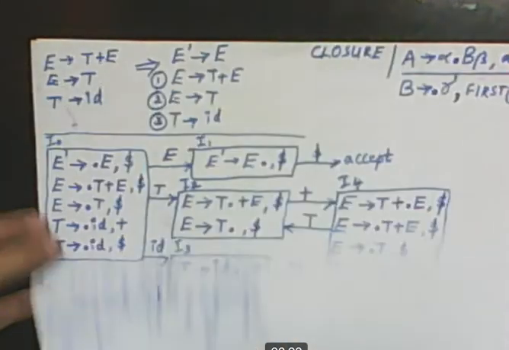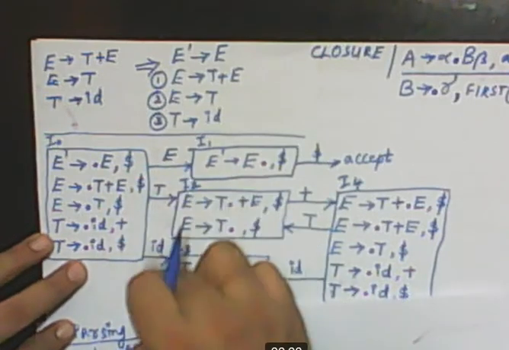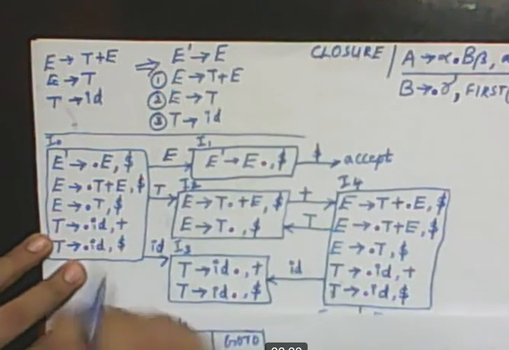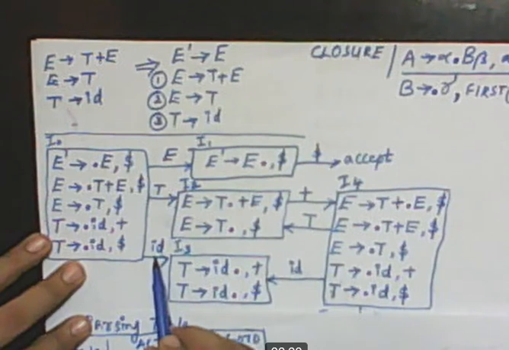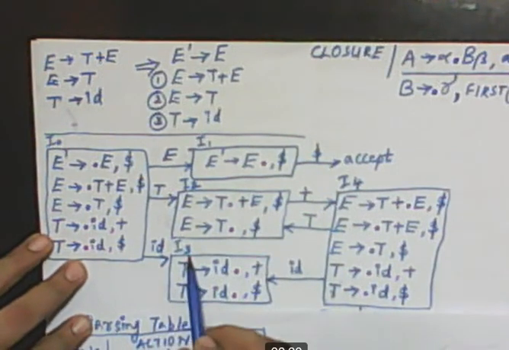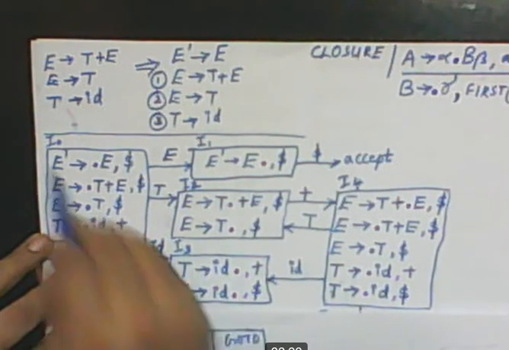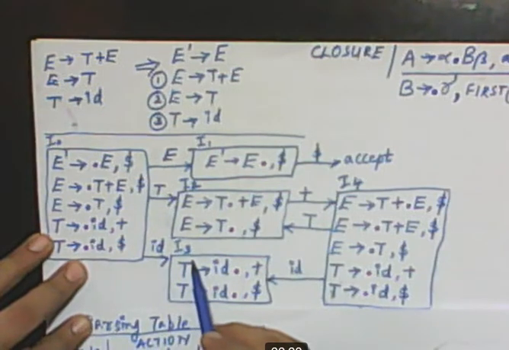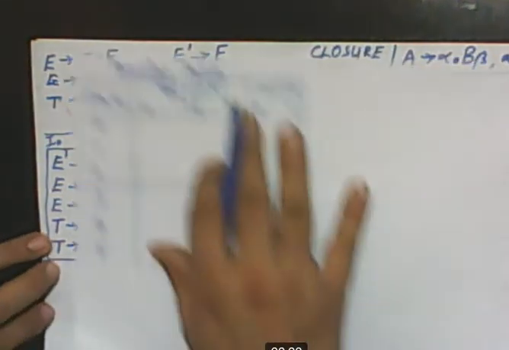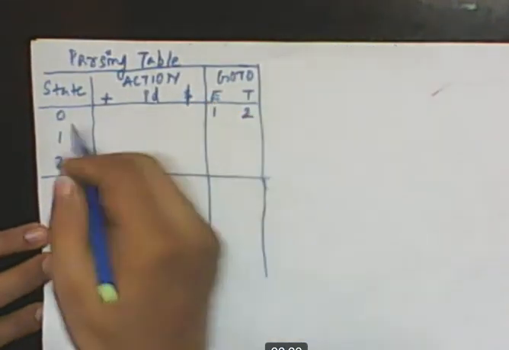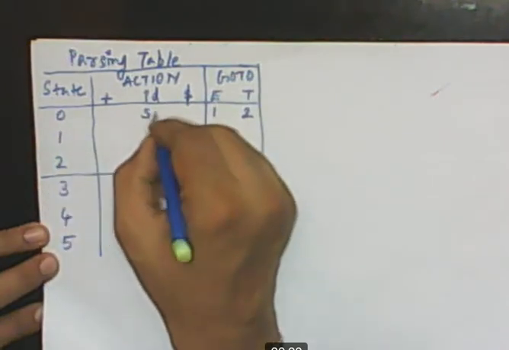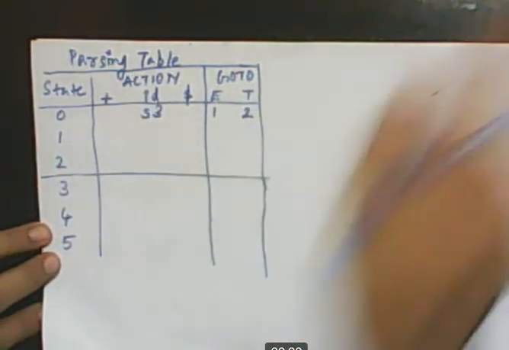So you have all these goto operations here. And 0 on ID, that is a terminal symbol, you go to 3. So that is a shift operation across ID. So for 0, you have shift operation S3.